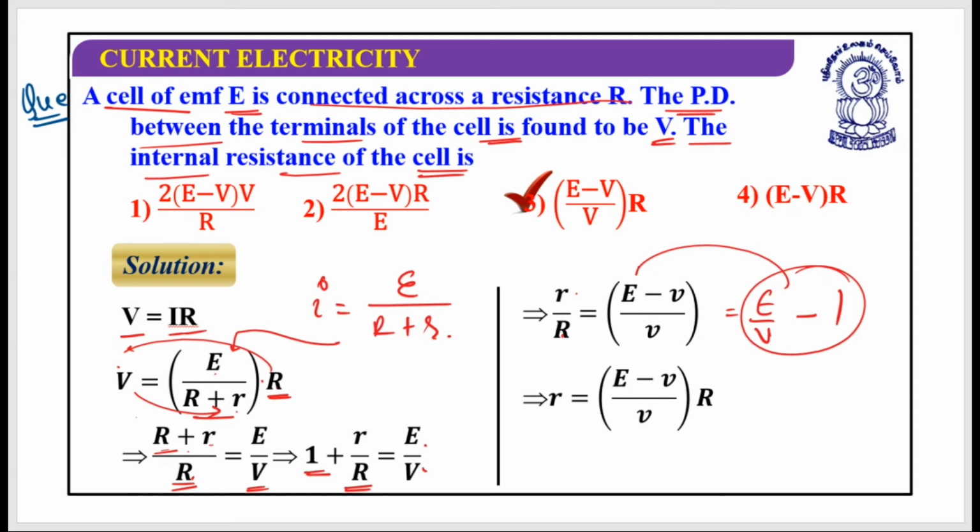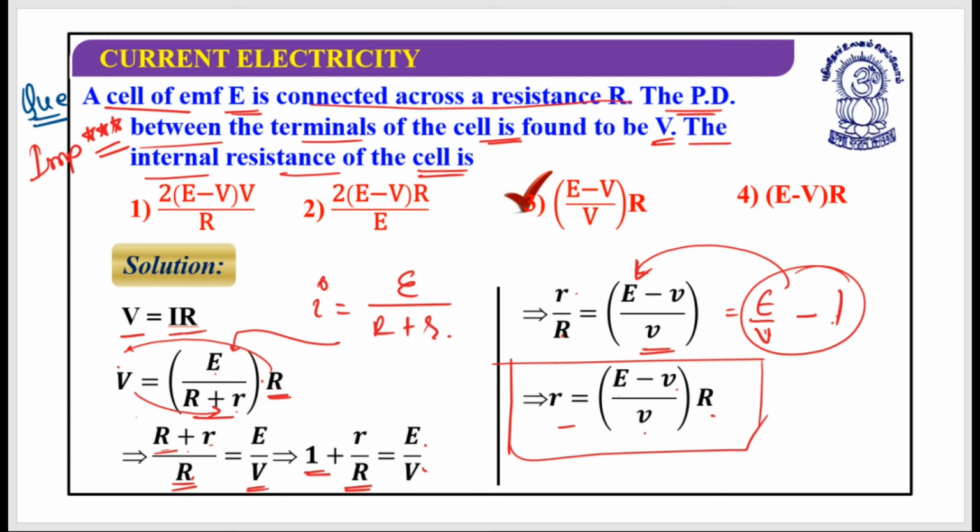This can be simplified as E minus V divided by V, and r can be written as E minus V by V into R. This is the relation which you must remember. This is a very important question, very important.